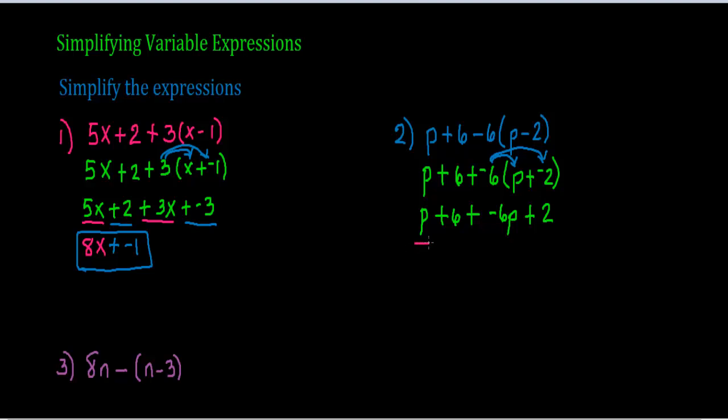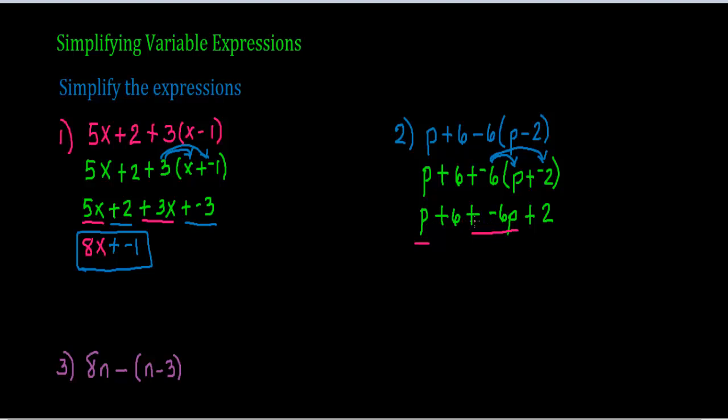And now we look for the like terms. I have p and I have plus negative 6p. Remember, I always keep the operation in front of the term. So p plus negative 6p, I'm adding with different signs. So different signs, subtract.